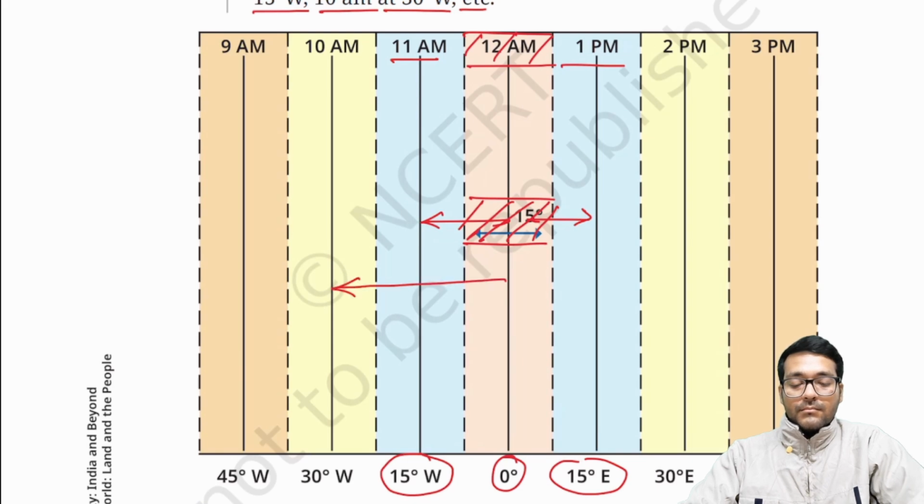Similarly, at 30 degree west, there will be 10 am, and at 30 degree east, there will be 2 pm. Similarly, 45 degree west, 9 am, 45 degree east, 3 pm.